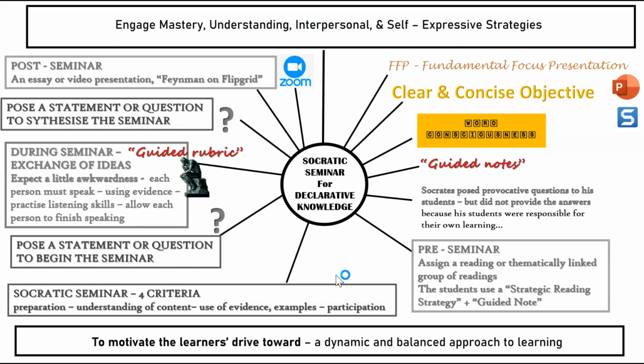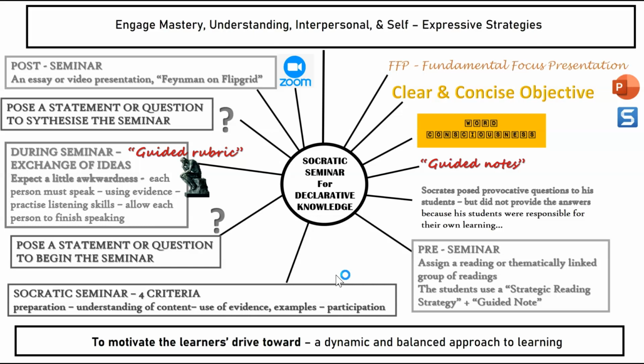Understanding levels: assign the reading or thematically linked groups of readings. And then you ask a question or pose a statement to begin the seminar. They must come prepared, understanding the content. They must be able to use evidence and give examples and participate.